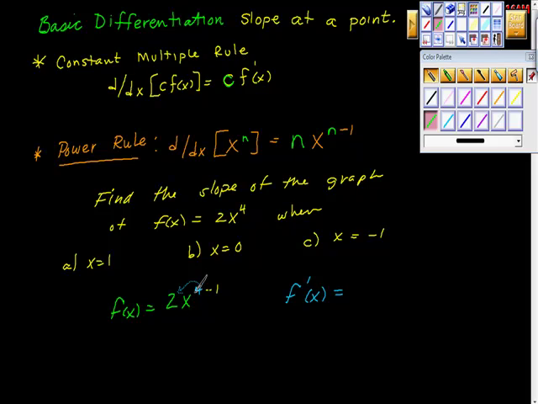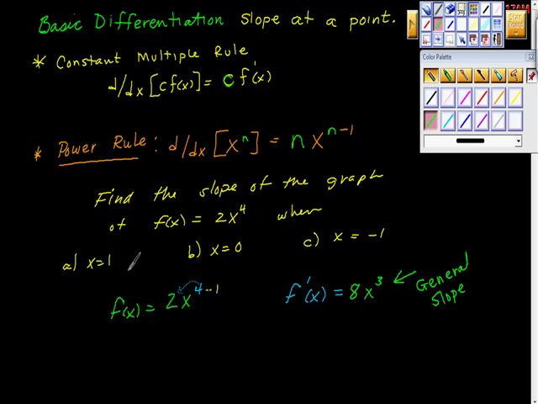So 4 times 2 is 8, so 8x. After we've done that, we decrease the exponent of the variable by 1. So 4 minus 1 is 3. So there's our general derivative, or general slope.